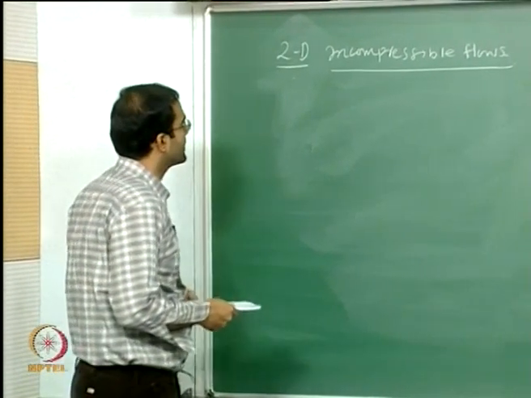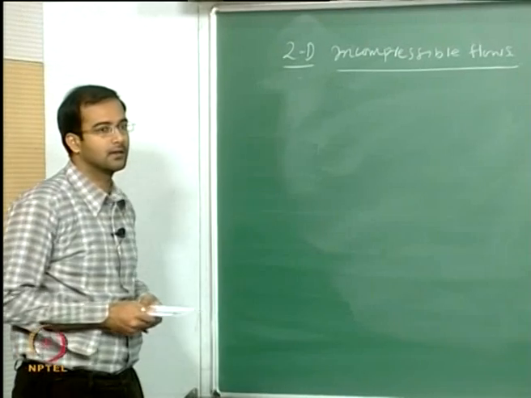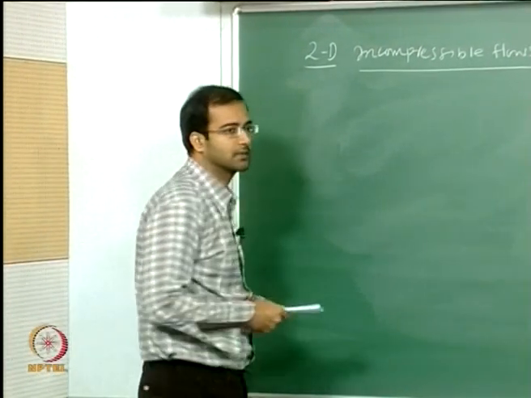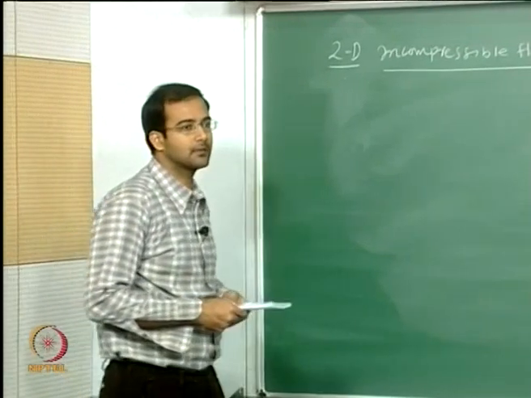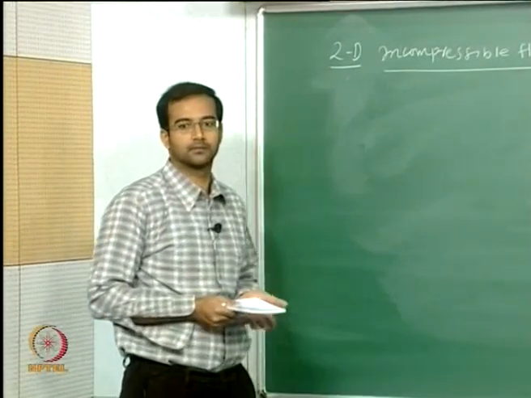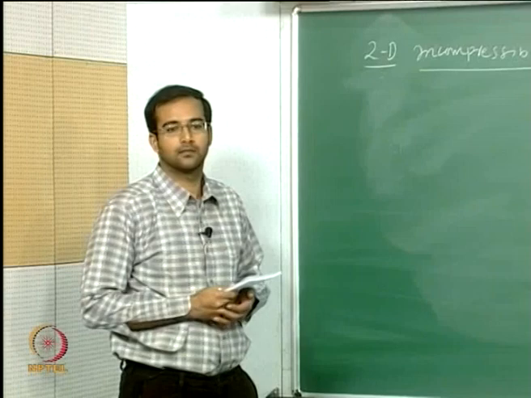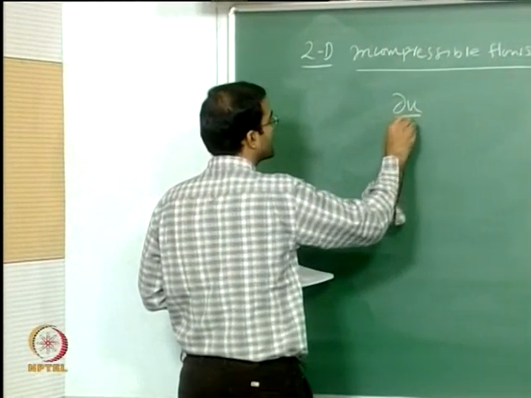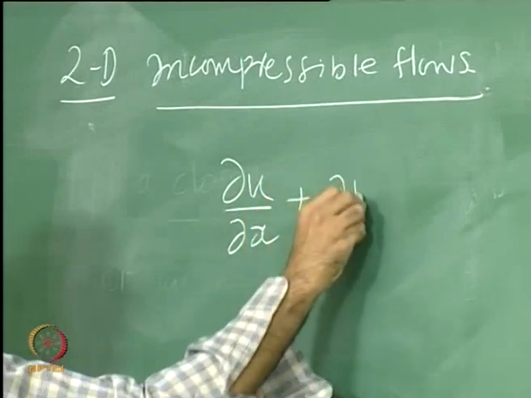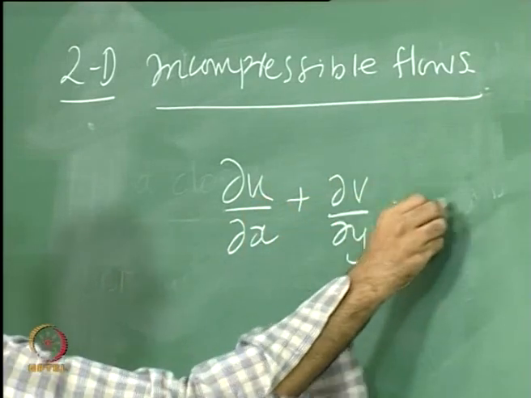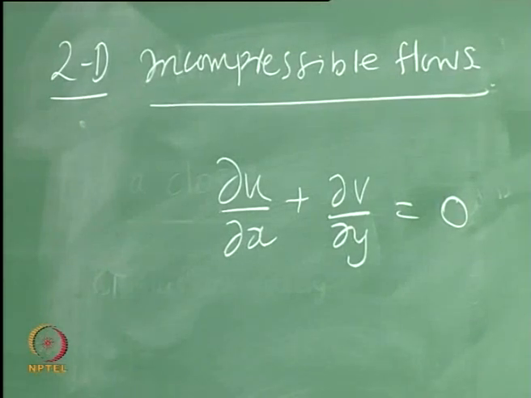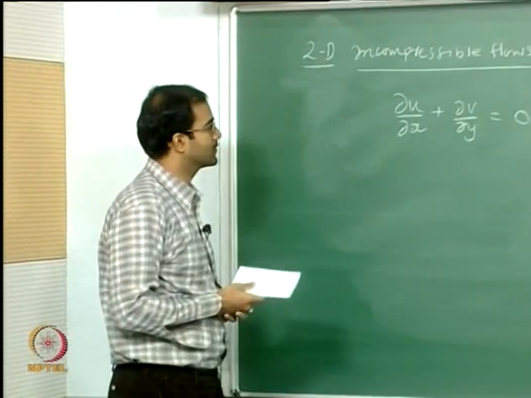So from the continuity equation, you have to tell me for 2D incompressible flows, what is the continuity equation? Let us assume Cartesian coordinate system. So du/dx plus dv/dy equal to 0. Now the complicated equations slowly will get simplified as we go through the solutions.